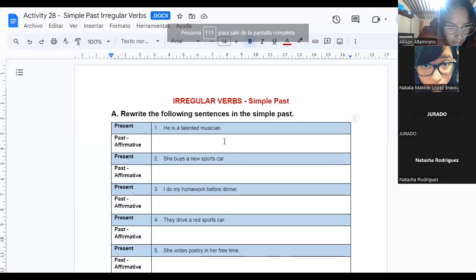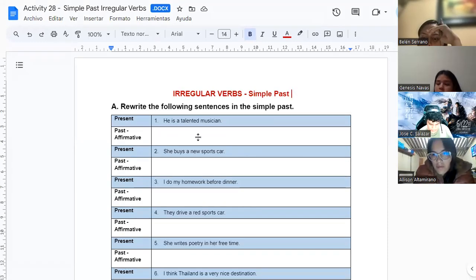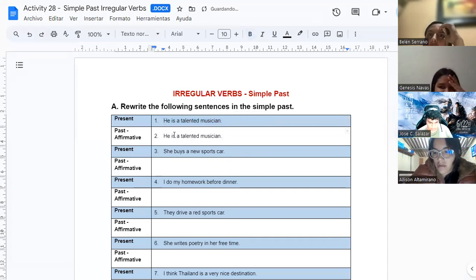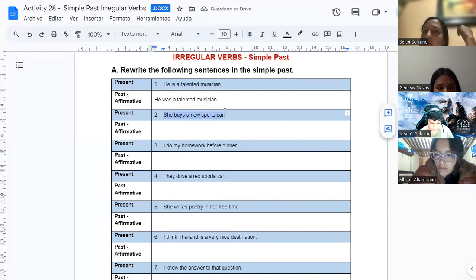Okay, guys. So we are going to start checking. Okay, for the first one, we had said that he is a talented musician becomes he was a talented musician. Okay, that was the answer. Now, Belén, number 2, she buys a new sports car.